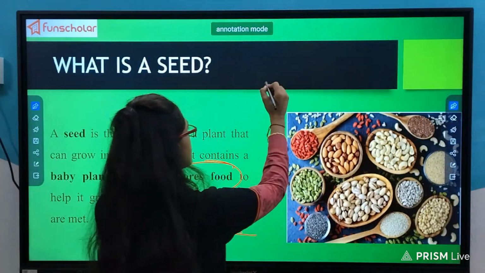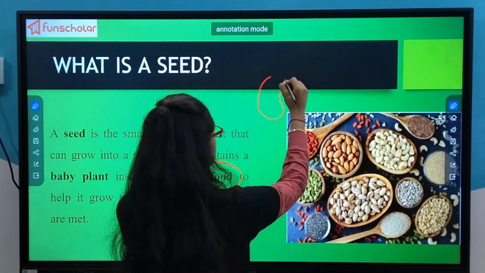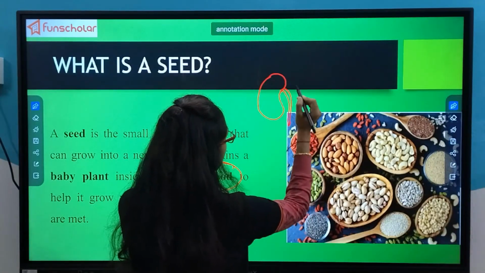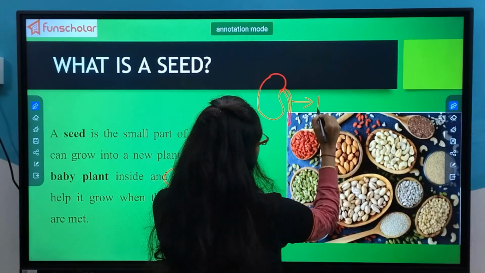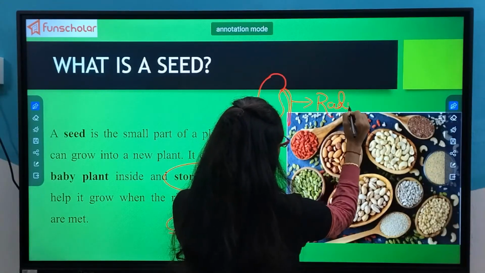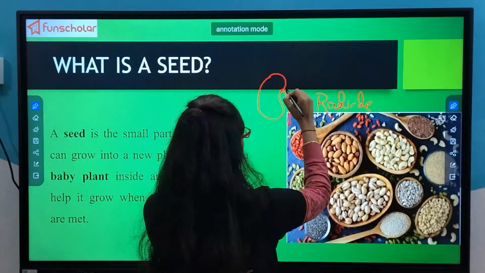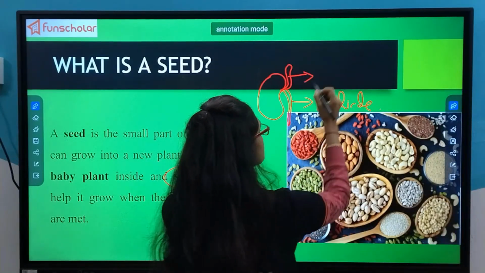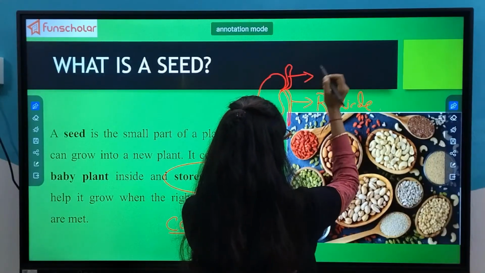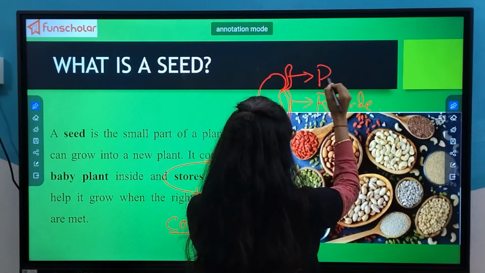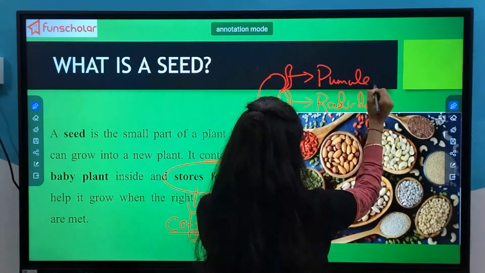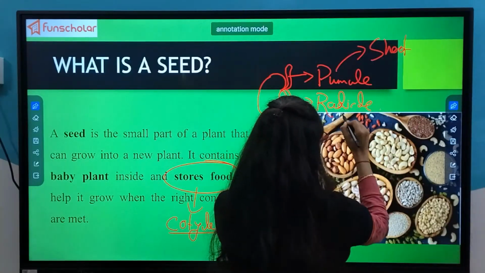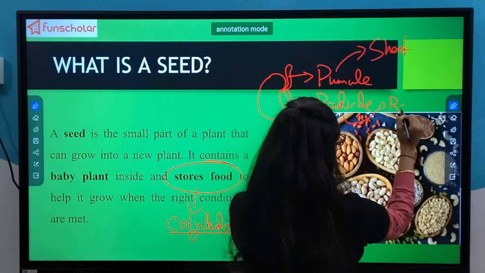And this is the seed I have just shown you. It has two parts. One part grows downwards and forms root, that is known as radicle, and the upper part grows into shoot. In the starting stage it is known as plumule. This forms shoot and radicle forms root.